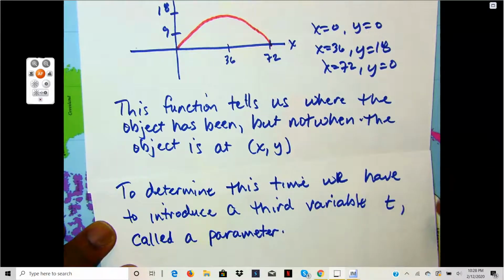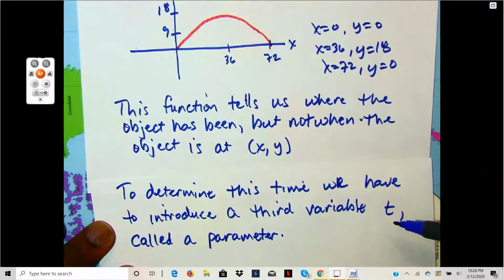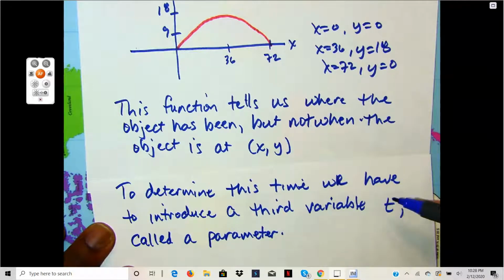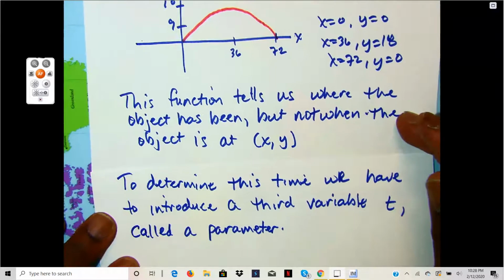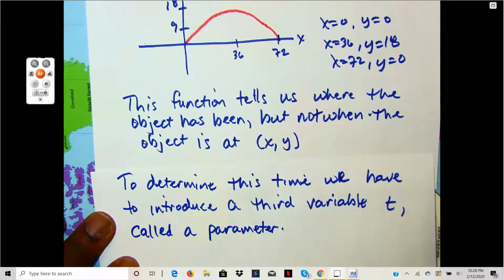So if we want to find out the when, we have to at least introduce a variable that represents time. This third variable, so now we will have an x, a y, and a t. This third variable, or the parameter t.